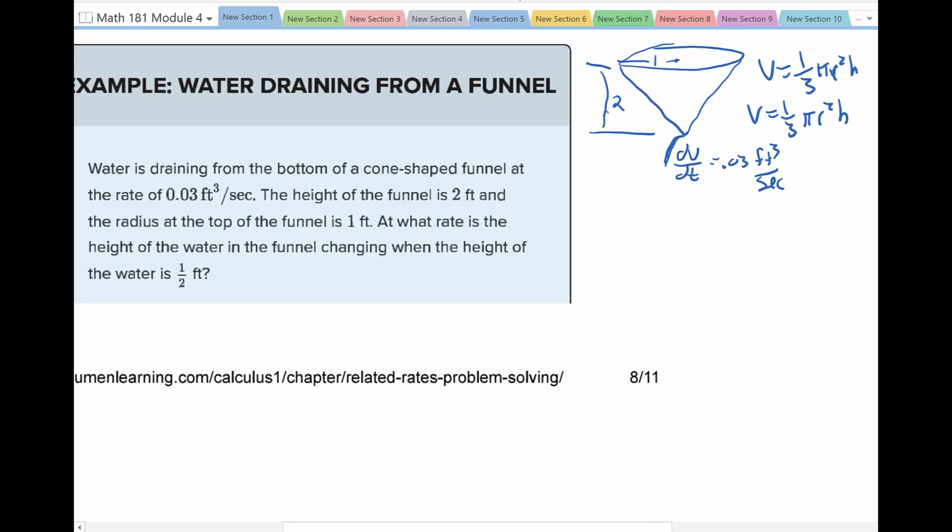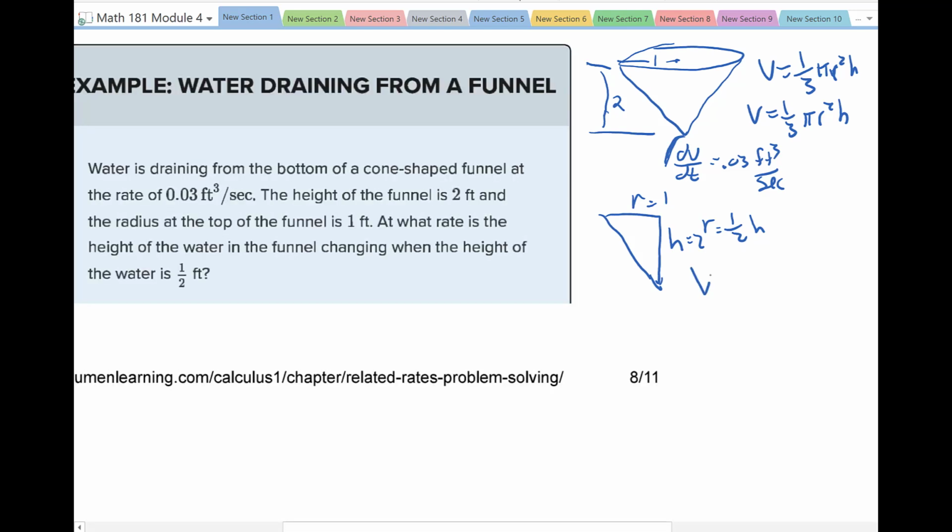So if I look back at my shape here, if I look at a cross section or even like a cutout of it, here's my radius, and this is my height. So that the radius equals 1/2 the height. So remember that this is 1 and this was 2. So the radius is 1/2 the height. And that ratio stays all the way throughout.